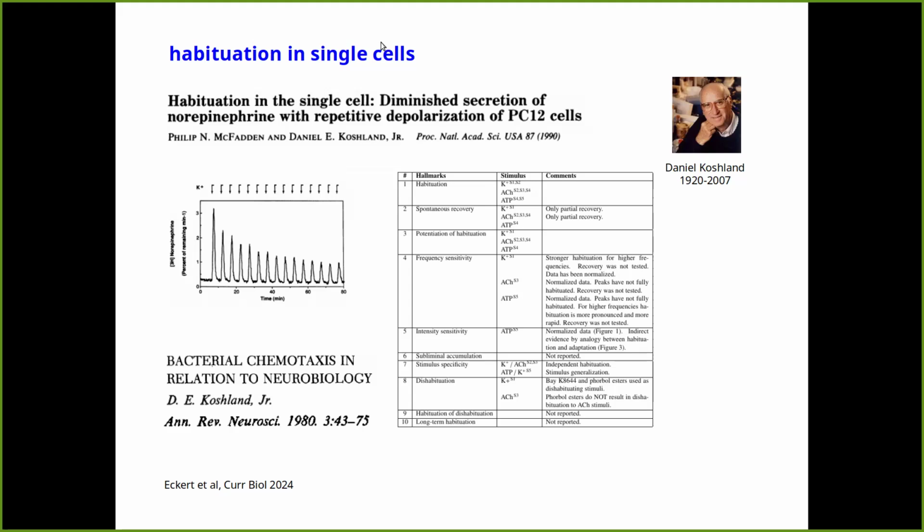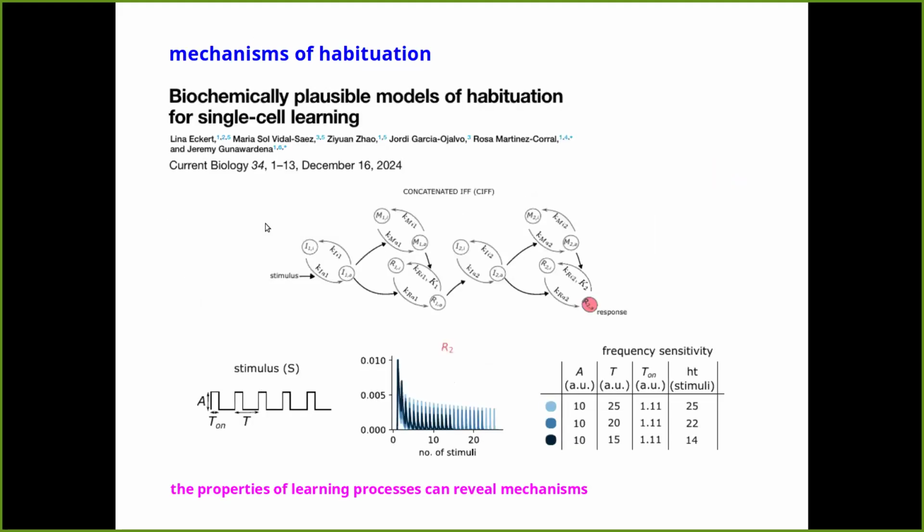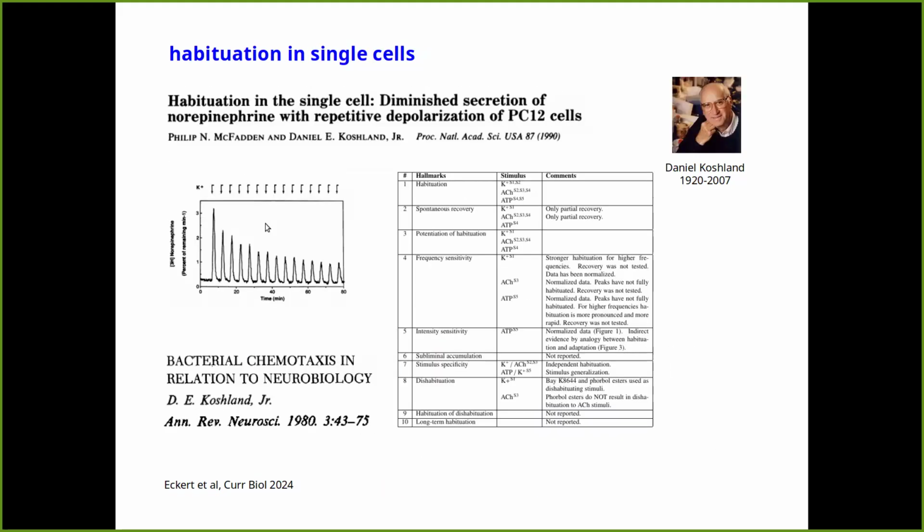And what he shows, and this is an outtake from his paper, is that they exhibit not only the declining response to repetitive stimulation, that is the first thing you look for, but also, over a series of papers that we tabulated from one of our papers here, many of the critical hallmarks, including frequency sensitivity, which in many ways is the most critical one.